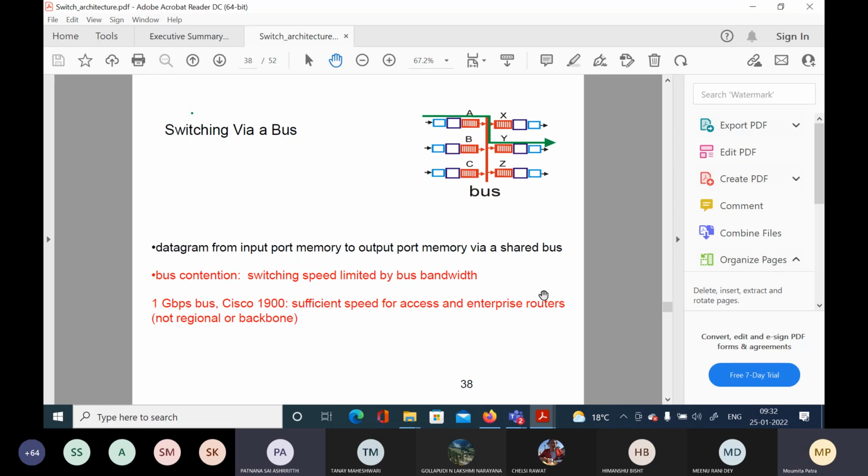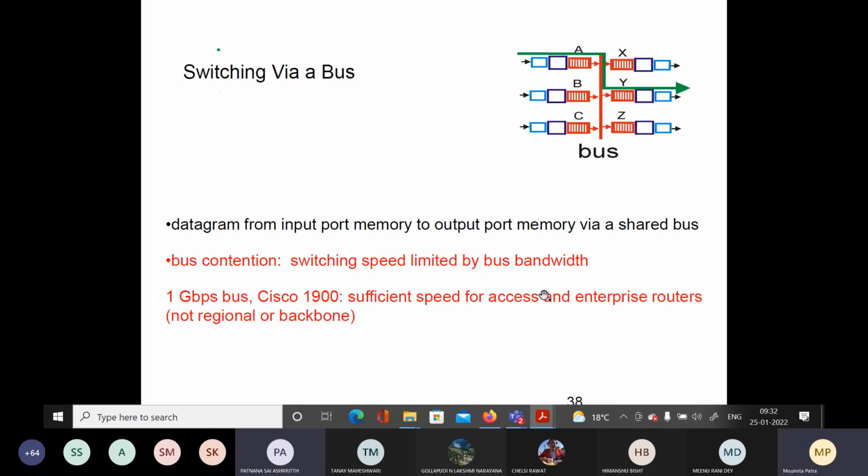All right. So let's get to this once more. In the first generation switch, we had a PCI bus being shared between the different input and output ports. And when it comes to the second generation switch, we had a separate shared bus that was responsible for moving the packets from one input port to the output port.